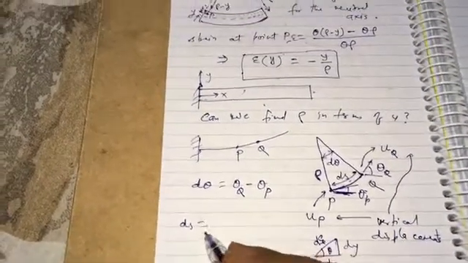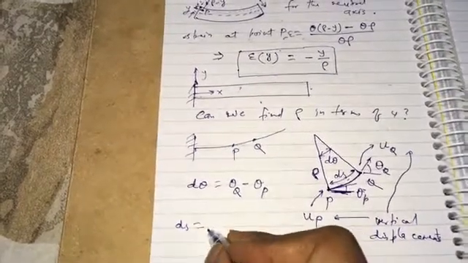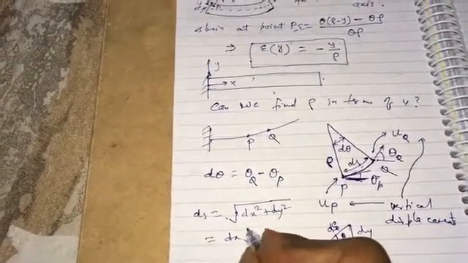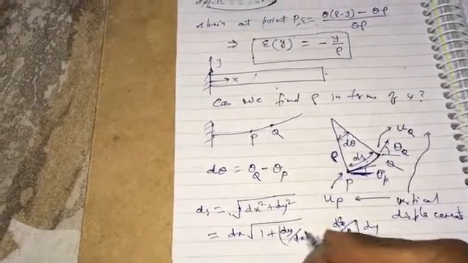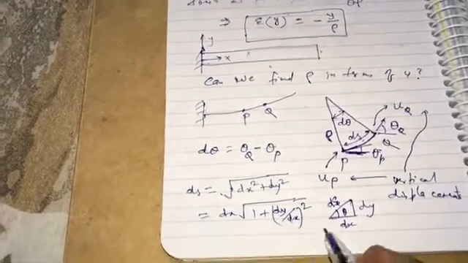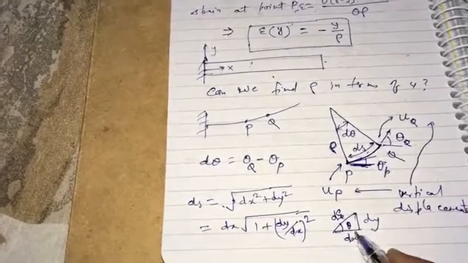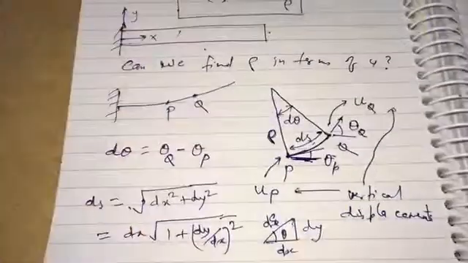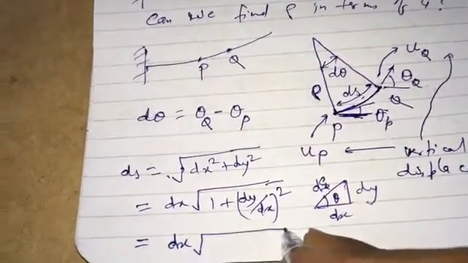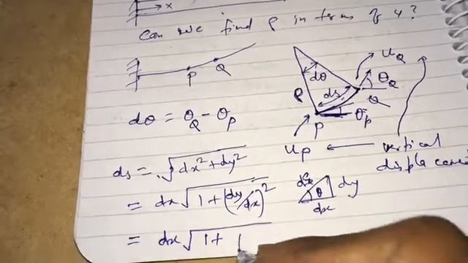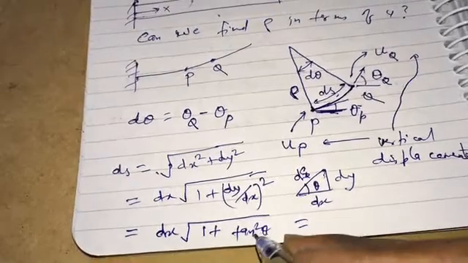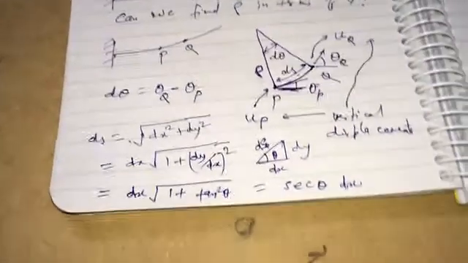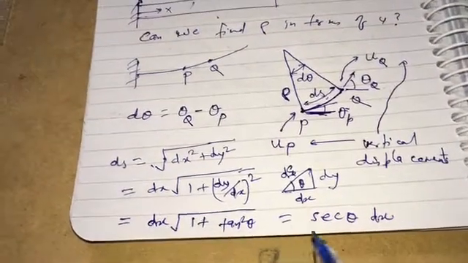So ds equals root under dx square plus dy square, hence dx root under 1 plus dy over dx square. Now dy over dx is also tan theta, so this becomes dx root 1 plus tan square theta. 1 plus tan square theta is sec square theta, hence you get sec theta dx.